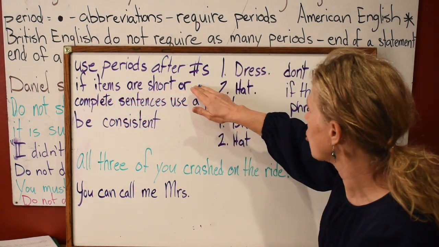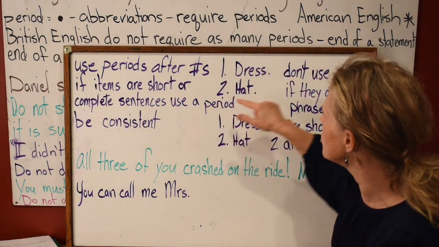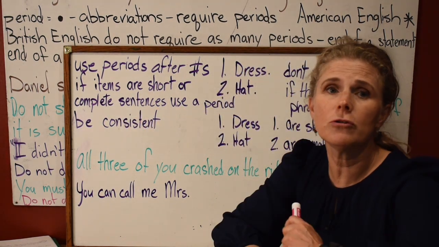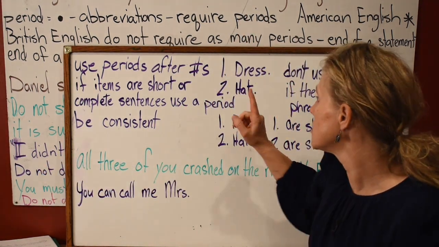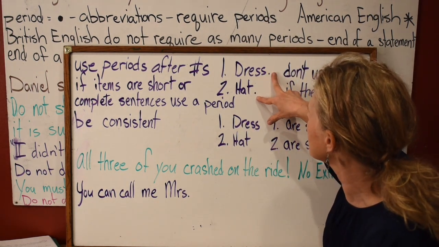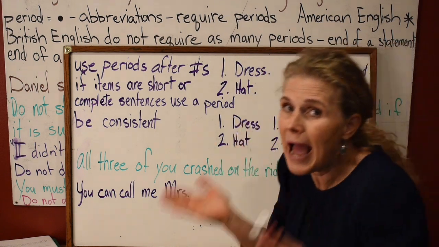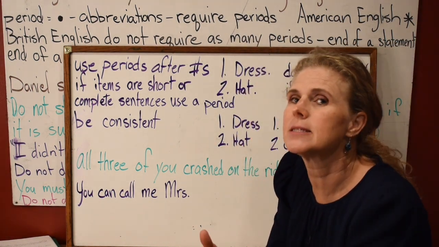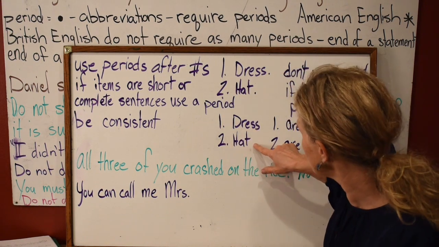If items are short, see how short these are, or complete sentences, use a period. So if you are doing 1 and you're using a complete sentence, start it with a capital letter and end it with a period. And the same thing here if it's really, really short. But you don't have to do that. With sentences, I would. But you could also do something like this with no period.